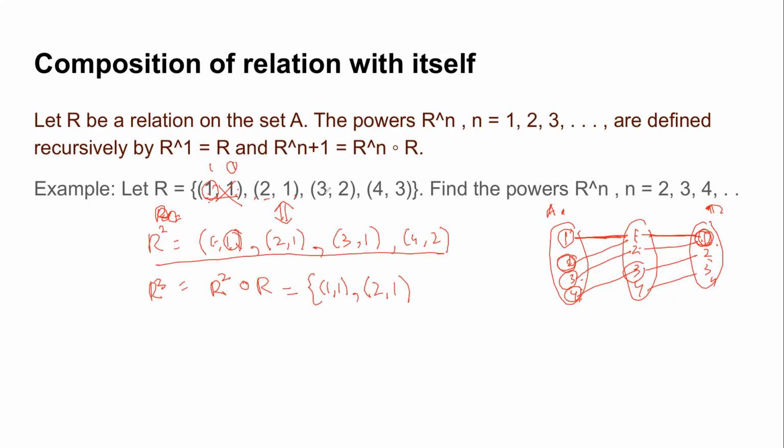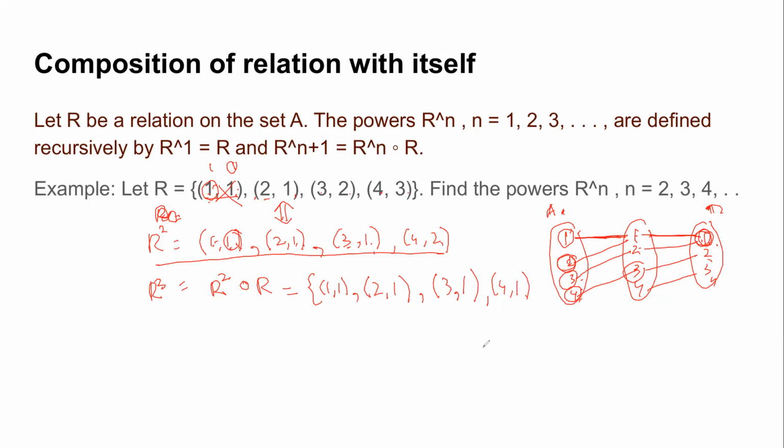Then we have 3, 2, 2, 1, so we get 3, 1. Then we have 4, 3, 3, 1, so 4, 1. Then 4, 2, 2, 1, 4, 1 is already there.